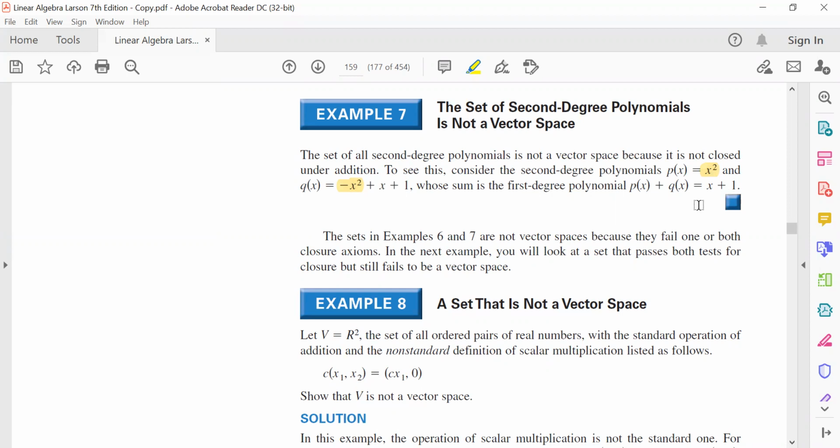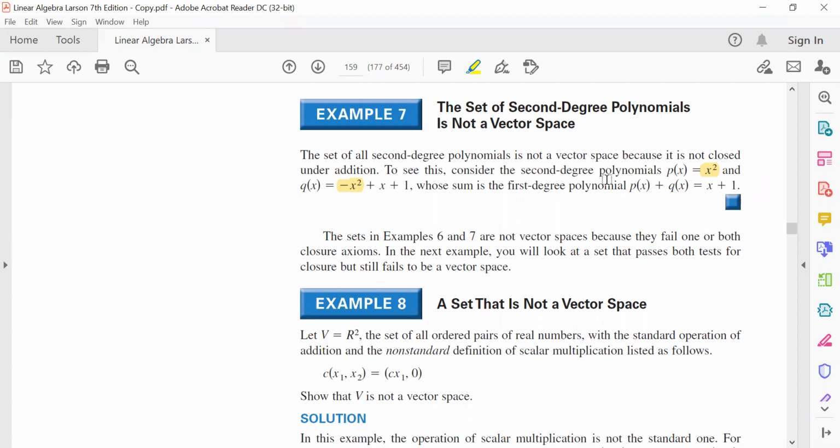So in the example I gave earlier that was a good vector space, that's why I had to include second degree or less. Because if you include X plus 1, if you include first degrees as part of your space, then it's going to be closed, or 0 degrees.